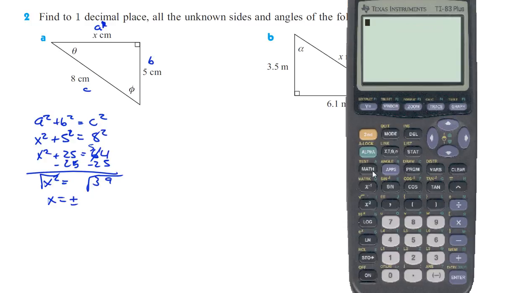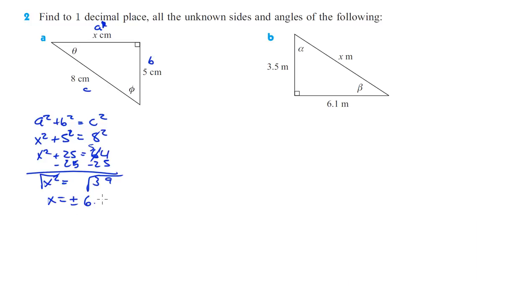We get 6.2 to one decimal place. Okay, so officially it's plus or minus, but since we know it's an actual distance, x equals 6.2 centimeters. It's not going to be negative because it's a distance. Okay, so that's how we find the last side.